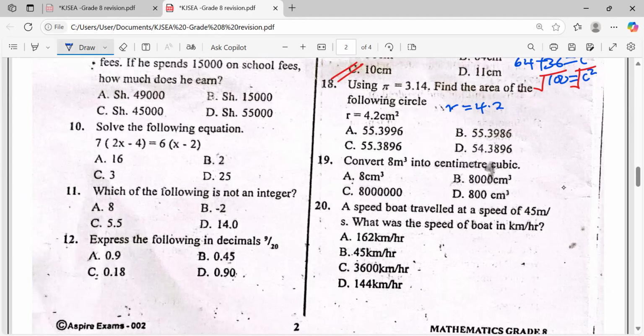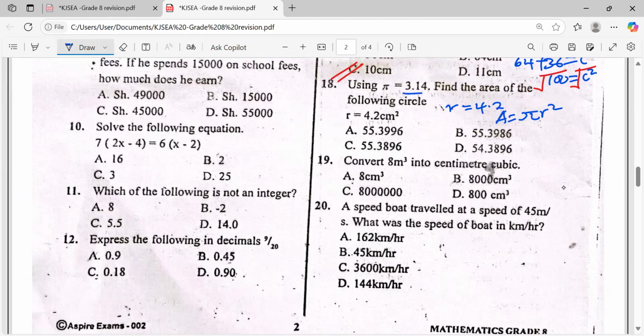The formula for calculating the area of the circle is pi r squared. Remember, don't confuse it with pi d. Pi d is just the perimeter. For the area, you are going to have pi r squared.